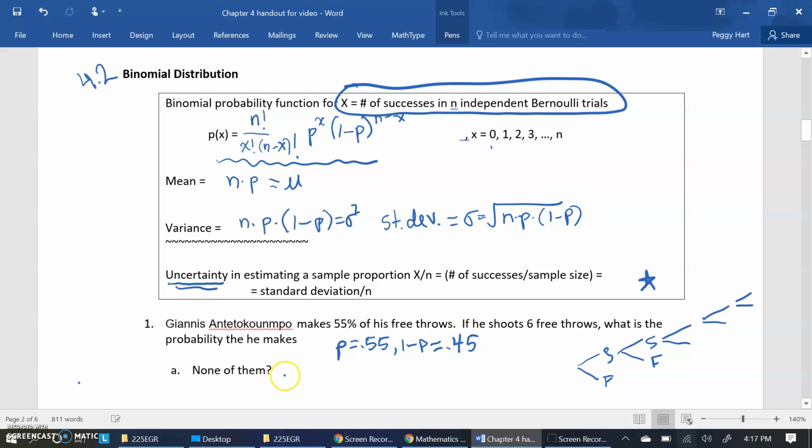So the probability he makes no free throws would be 0.45 to the 6th power. That would be following down this trail: failure, failure, failure, failure, failure, failure.